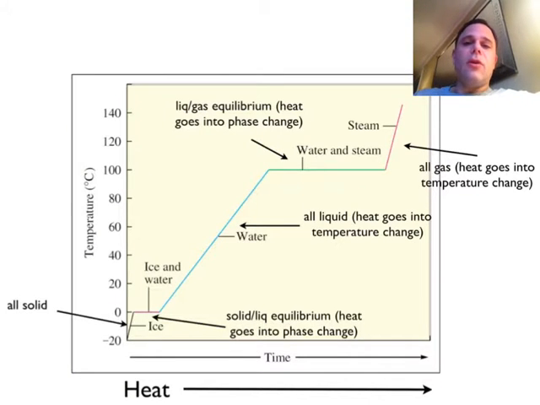Now here's just another graph showing virtually the same thing. What I like here is it's noting if this was water, that ice would transition from solid to liquid at 0 degrees Celsius, and it would transition from liquid water to gas at 100 degrees Celsius.